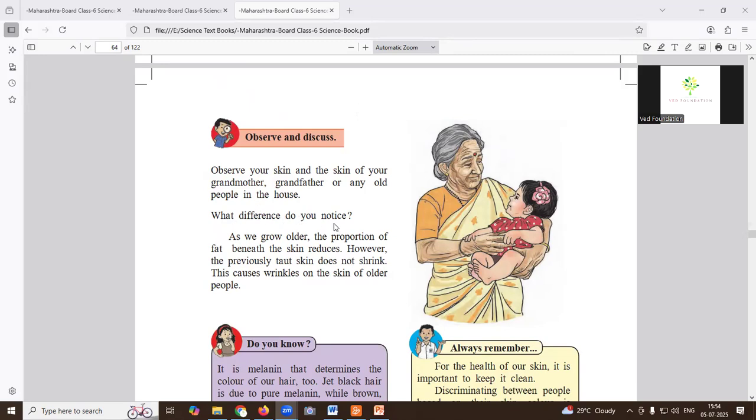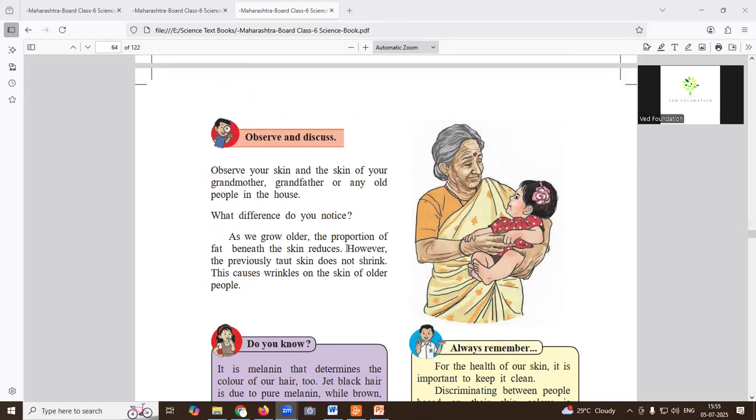What difference do you notice? As we grow older, the proportion of fat beneath the skin reduces. अगर आपने फैमिली मेंबर की स्किन ऑब्जर्व की तो जो आपके ग्रैंडफादर है, ग्रैंडमदर है, उनकी स्किन पर आपको ज्यादा रिंकल्स दिखते हैं. मम्मी पापा की स्किन पर कम रिंकल्स दिखते हैं. जो आपके ब्रदर है उनकी स्किन टॉट होती है, मीन्स स्किन पर रिंकल्स नहीं होते. तो ऐसा डिफरेंस क्यों है?